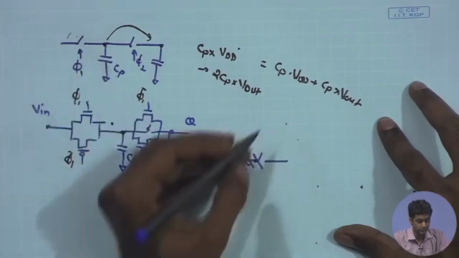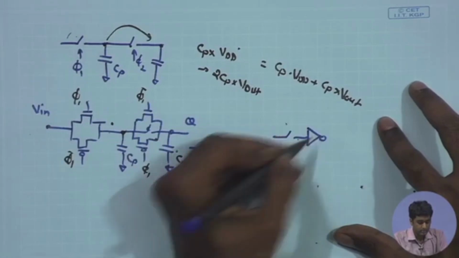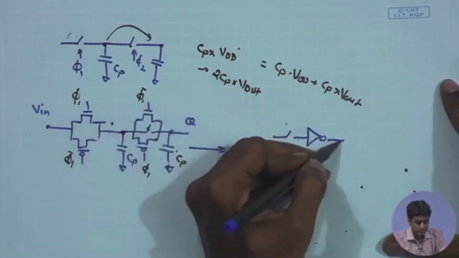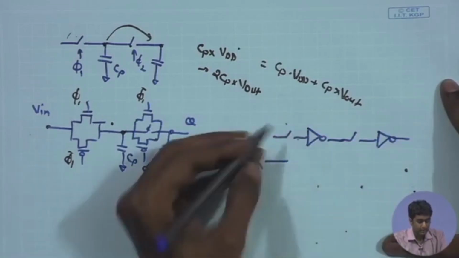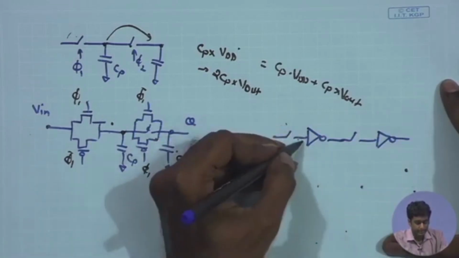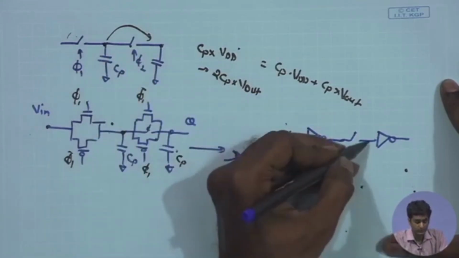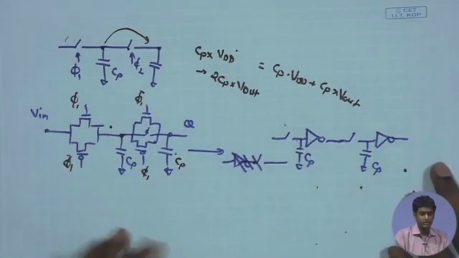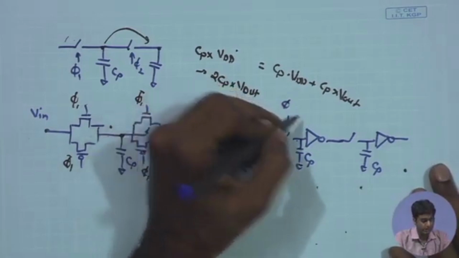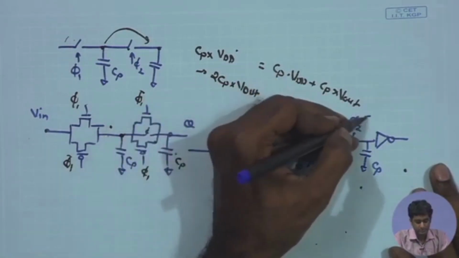So, let us go for the switches and go for the inverter over here and another switch and another inverter over here, and then I have the parasitic capacitance over here, which is given by the parasitic capacitance of the transistor at this point, and likewise you have some parasitic capacitance over here, Cp, Cp, and these two switches are once again controlled by phi 1 and phi 2, which can be just phi 1 bar.